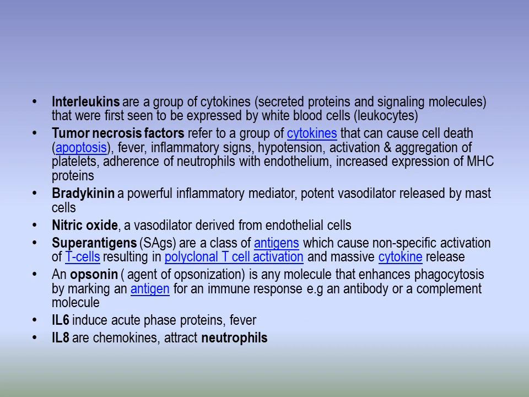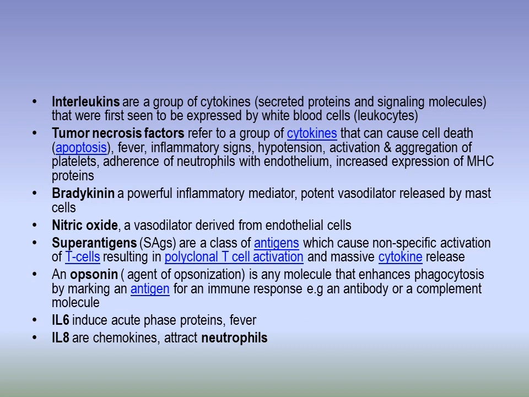Superantigens are the class of antigens which cause non-specific activation of T cells, resulting in polyclonal T cell activation and massive cytokine release. Usually, whenever an antigen enters the body, a specific clone of T cell would be activated, but there are certain antigens that produce an enhanced response.